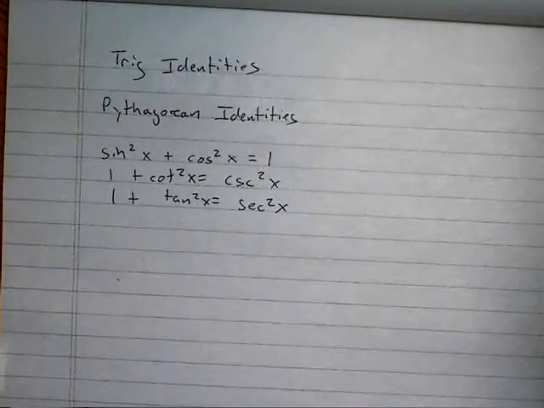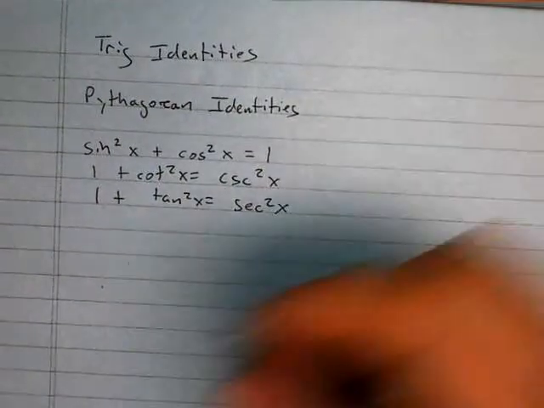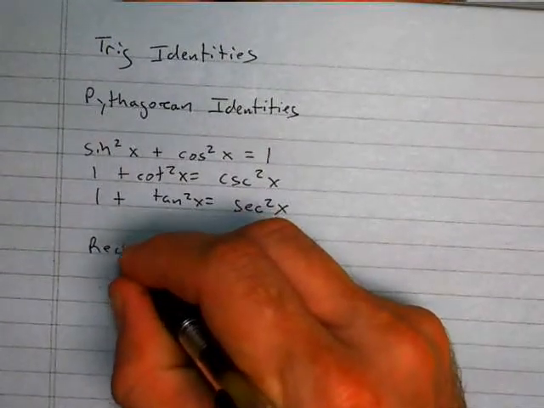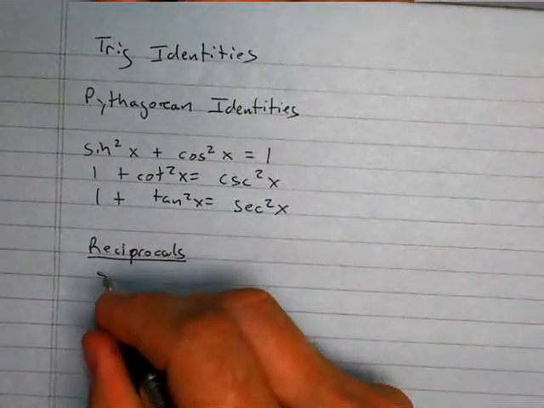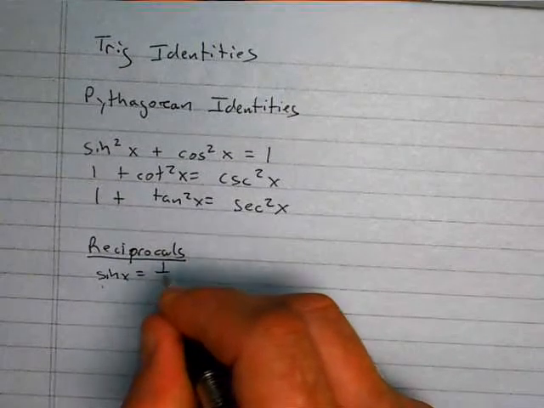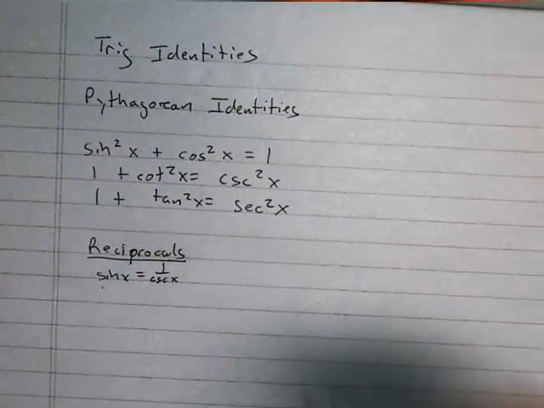You also need to be aware of your reciprocals. For instance, sine of x is equal to 1 over cosecant of x.